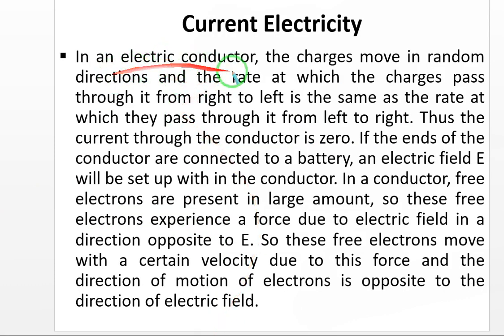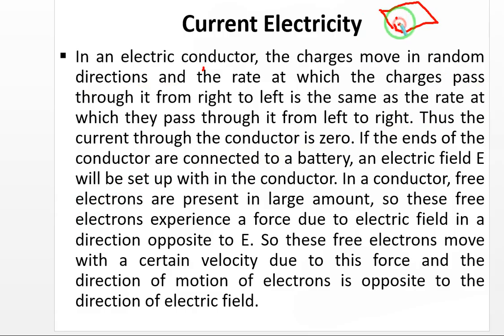You can see an electron in an electric conductor. You know about conductors; in Farsi we call it hadi. In a conductor, the charges move in random directions. Let's say this is a conductor.